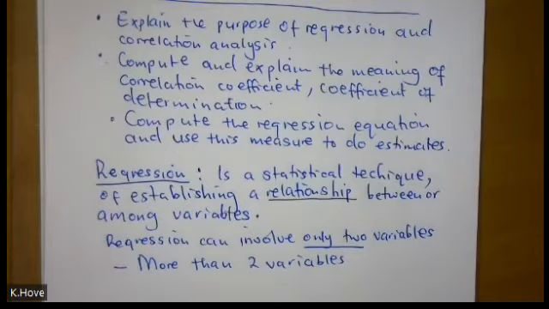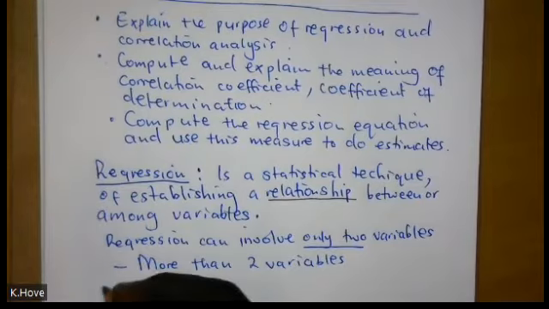So what is clear here is that regression can involve two variables only, or more than two variables. So that technique where we are trying to establish whether there is a relationship or there is no relationship between two variables is what we refer to as regression.